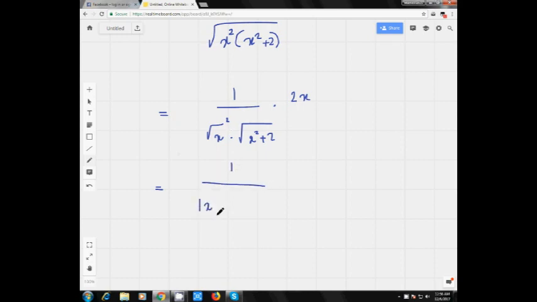So it is absolute value of x times x square plus 2, and the 2x has to be written in the denominator, and it is the answer of your question.